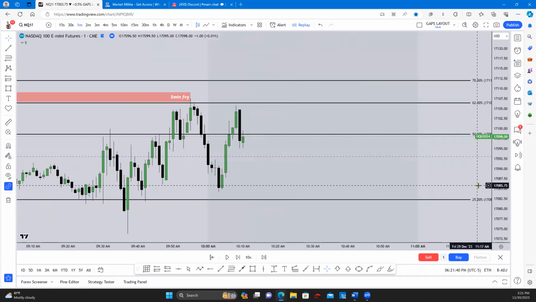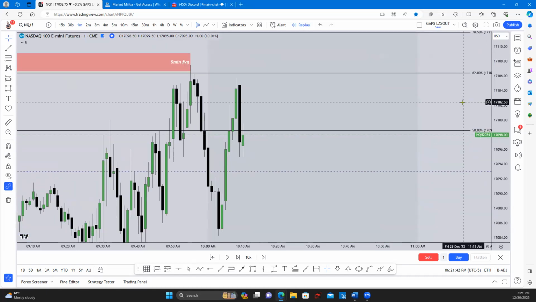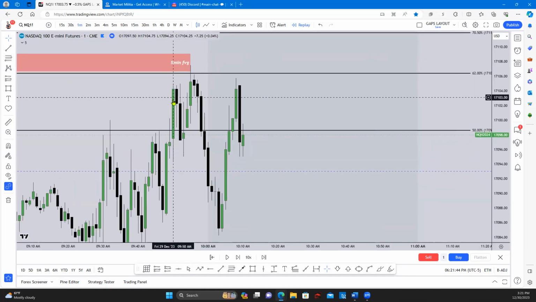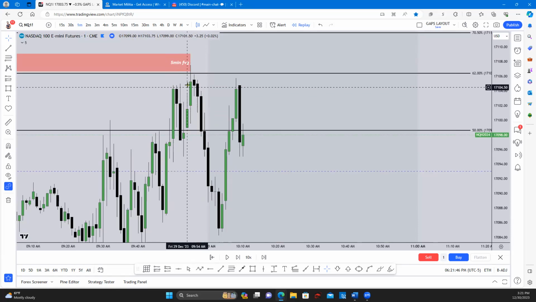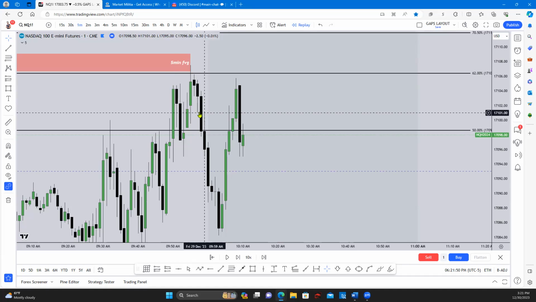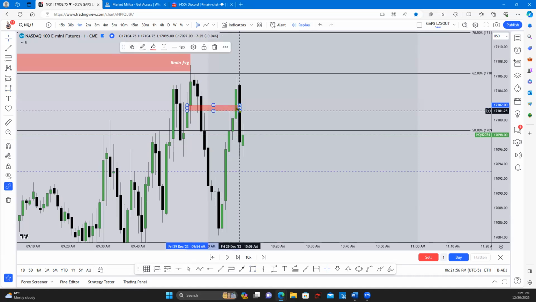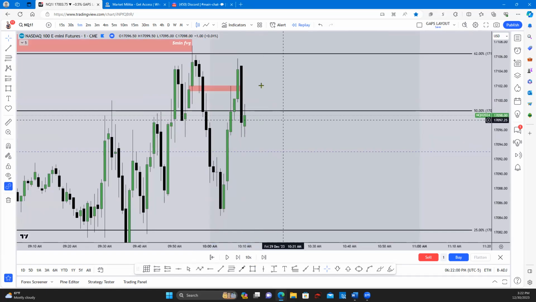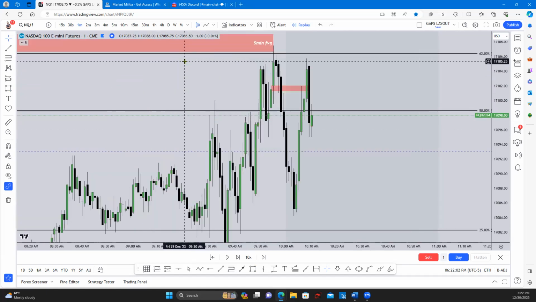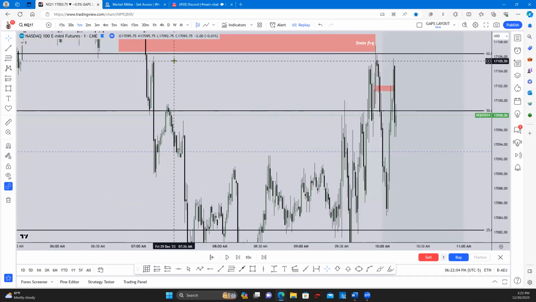I believe there was a volume imbalance right in here. This volume imbalance came back up a couple of times, respecting this one.